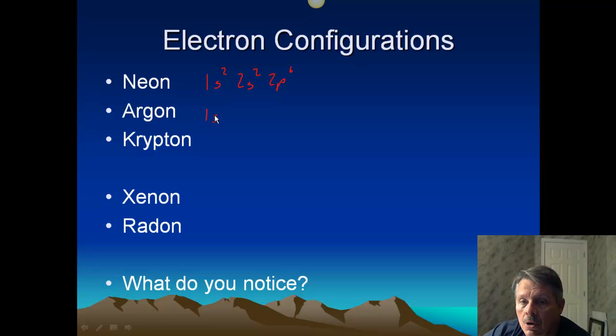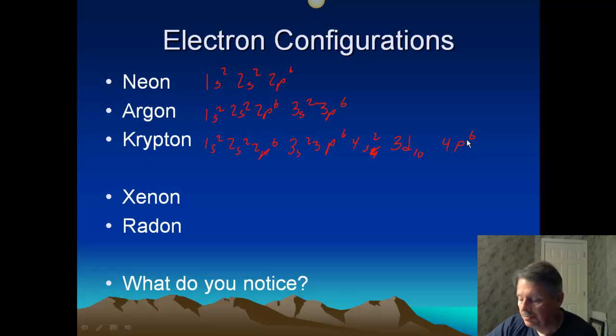I have for argon 1s2, 2s2, 2p6, 3s2, 3p6, and krypton 1s2, 2s2, 2p6, 3s2, 3p6, 4s2, 3d10, 4p6. Okay, so that's as far as I'm going to go.